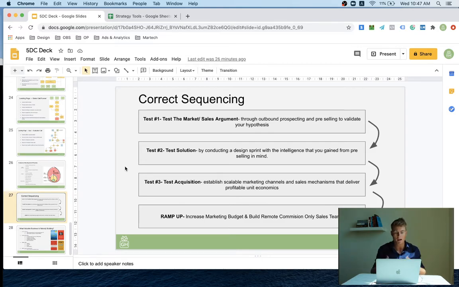Our product or service essentially takes people from point A to point B. It solves a problem for them. So we need to go out to the market and test, will those people pay this amount for this transformation? If they will, then that's great.